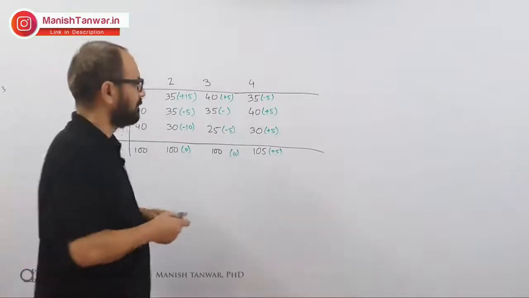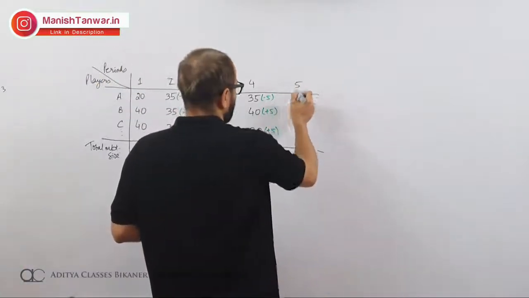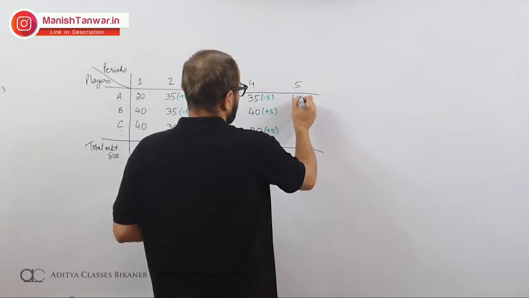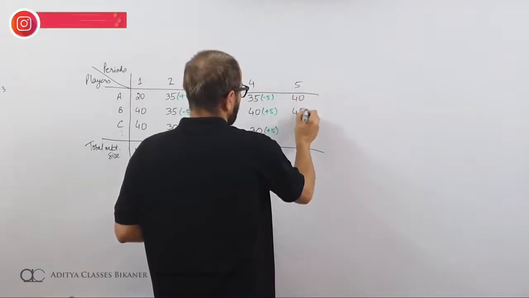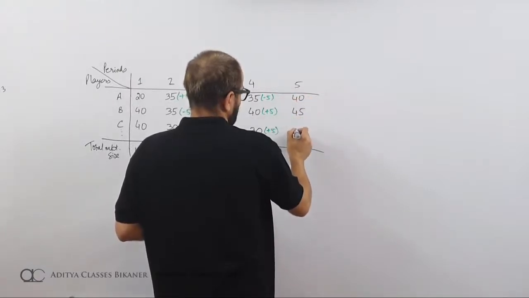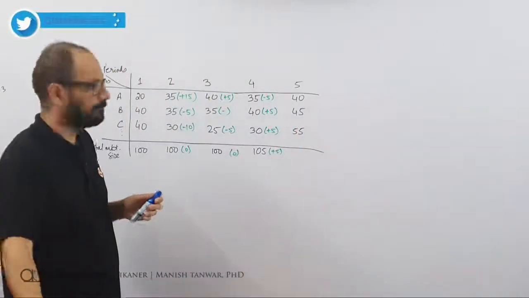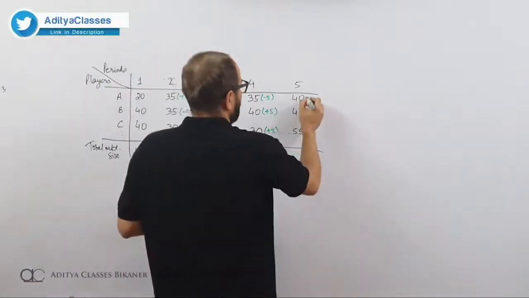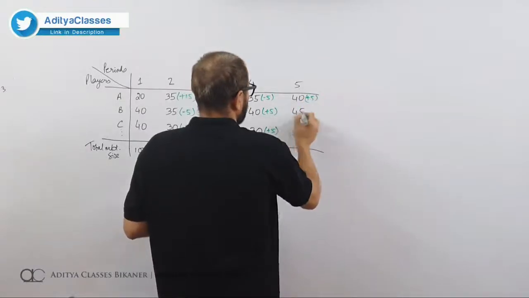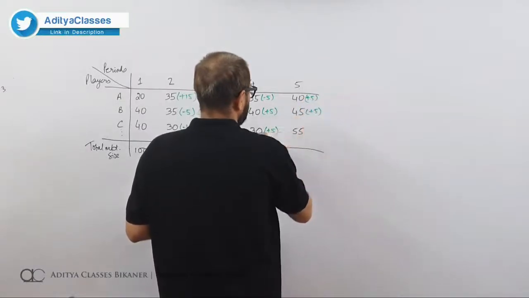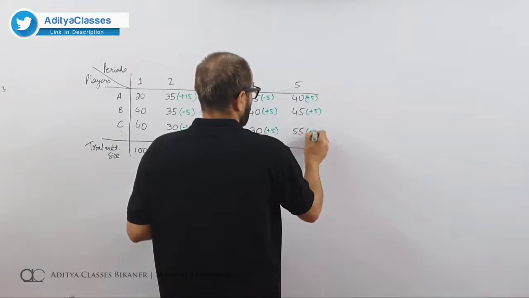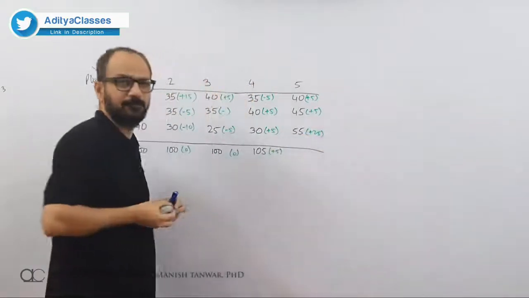Now, this could go on and on. We could see a 40, we could see a 45, we could see a 55, making it plus 5, plus 5, plus 25.